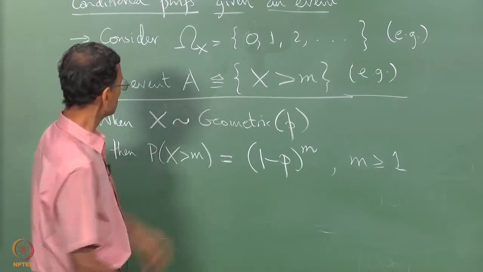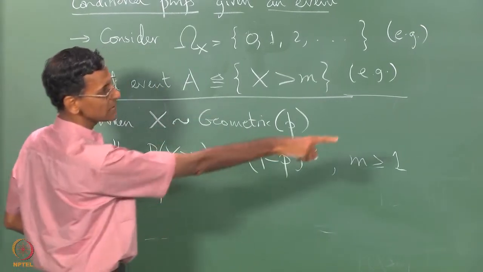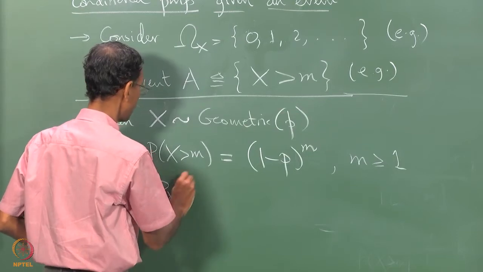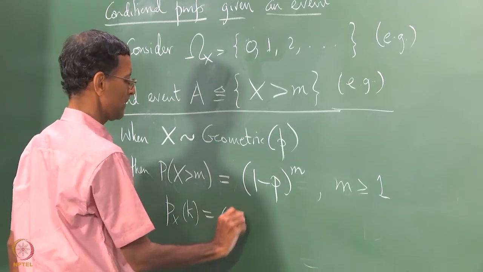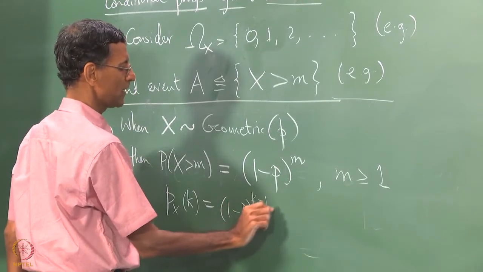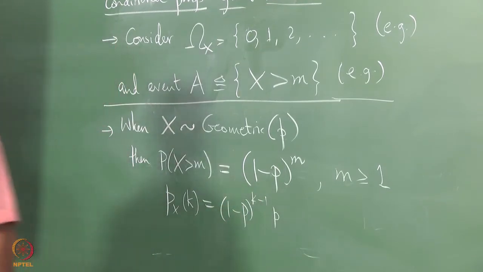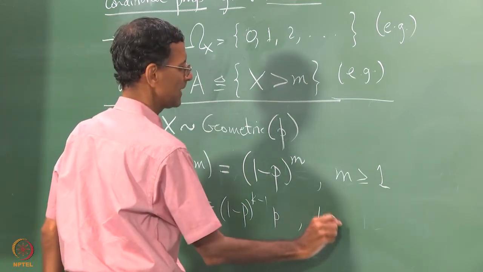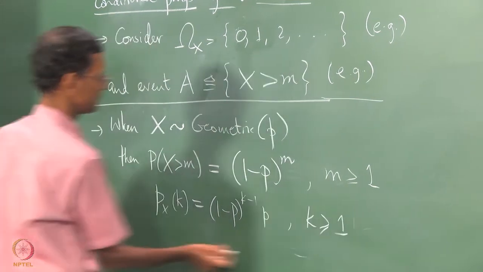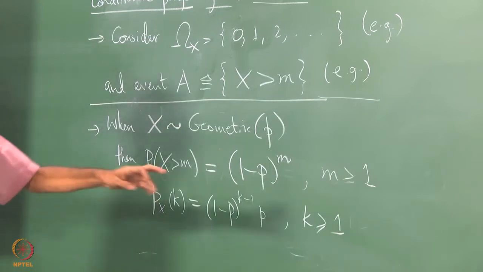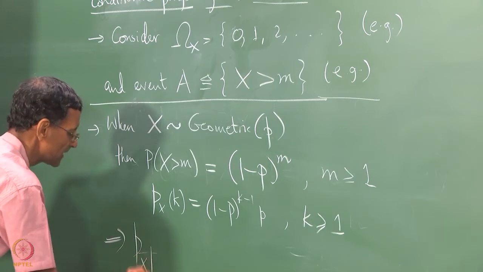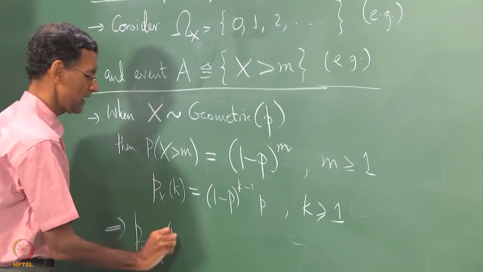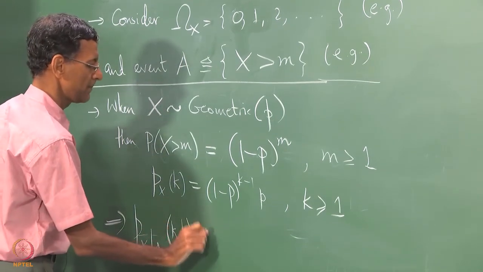Now go back to that thing with Px. What is Px of k? This we already know: 1 minus P to the power k minus 1 times P, for k greater than or equal to 1. So what is the ratio? What is P of X equal to k given X greater than m?